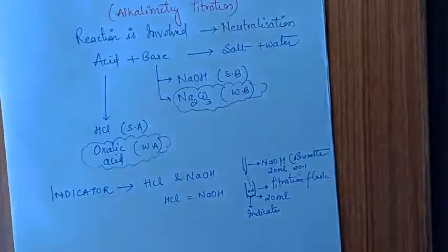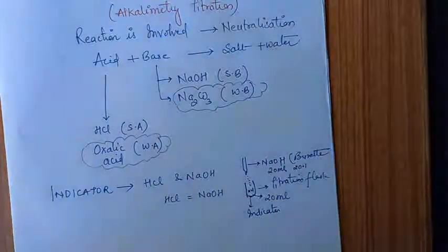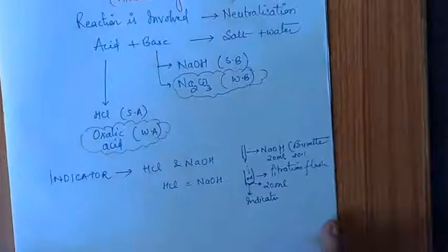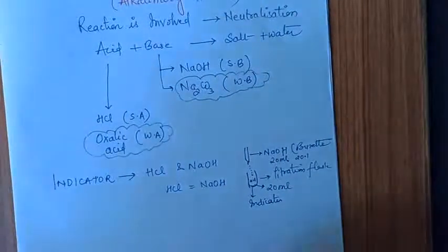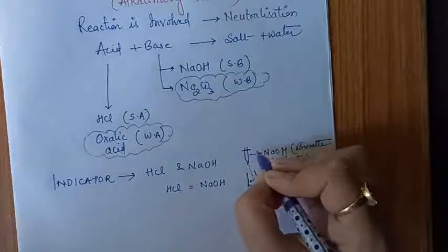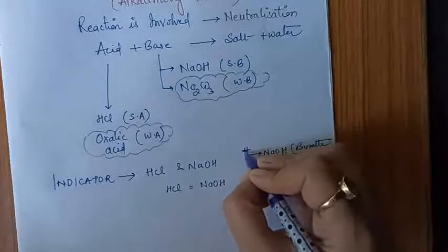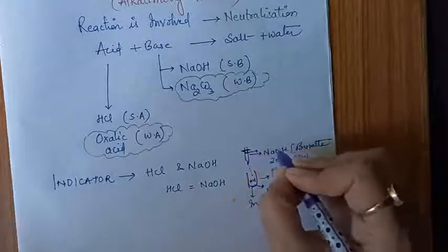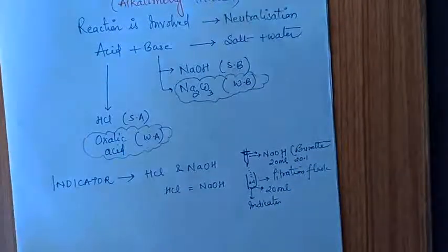One more thing, when you take the reading, when the color is changed and you see the reading from the burette, then you see the lower meniscus. Suppose your solution is filled till here, and as it is a colorless solution, you will see the reading of this point. This is called the lower meniscus.